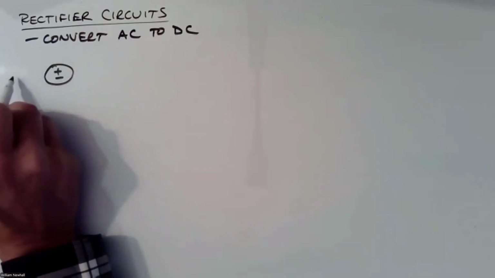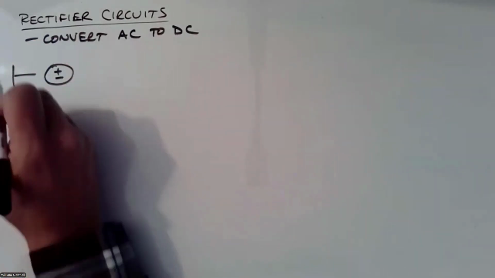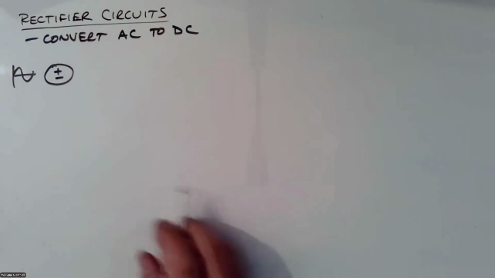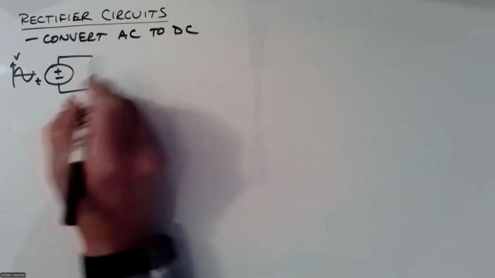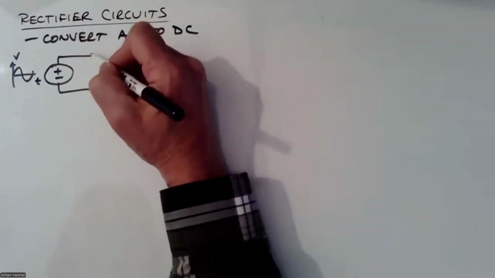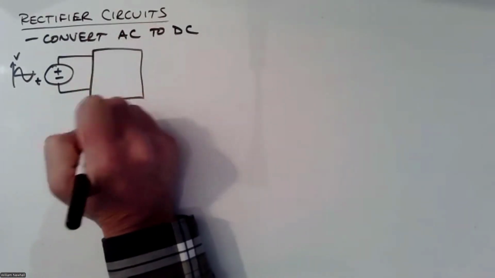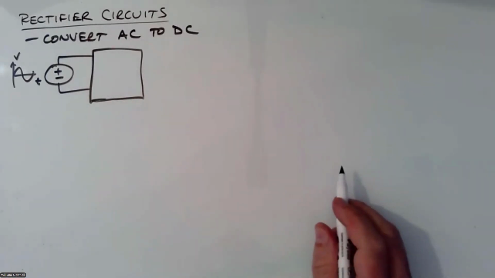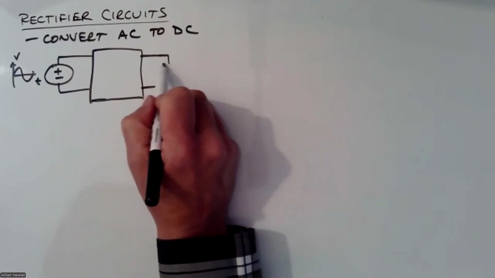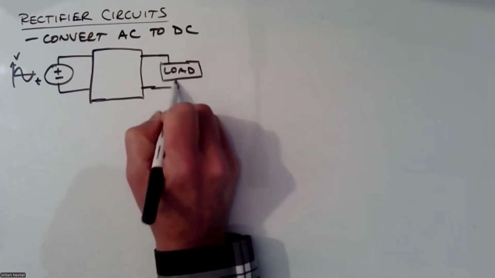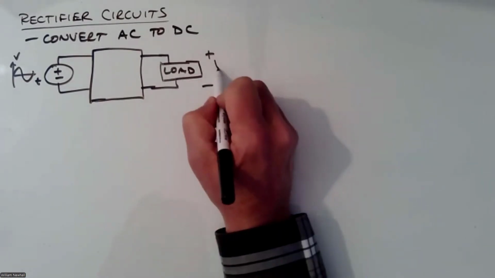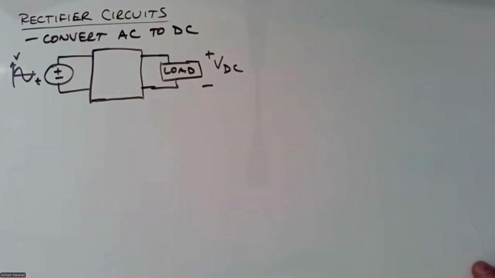I'll just draw a little plot here. You have an AC source where this is some voltage versus time. And what you would like is to put something in the middle here between the source and the load so that you get a DC voltage there, or close to a DC voltage.